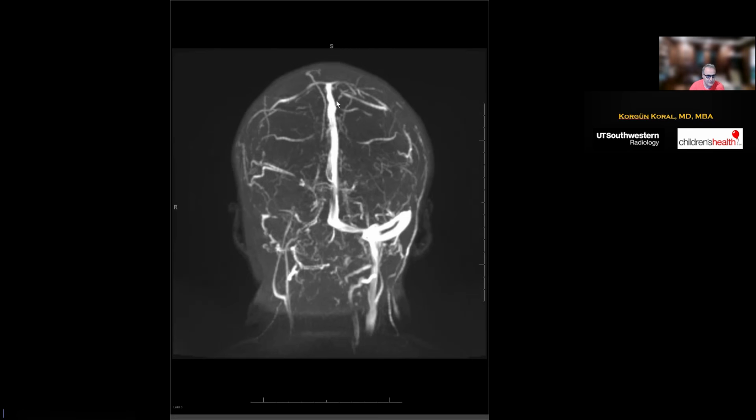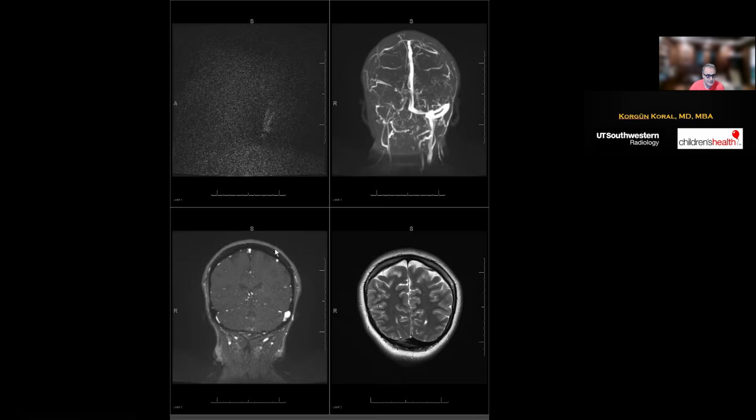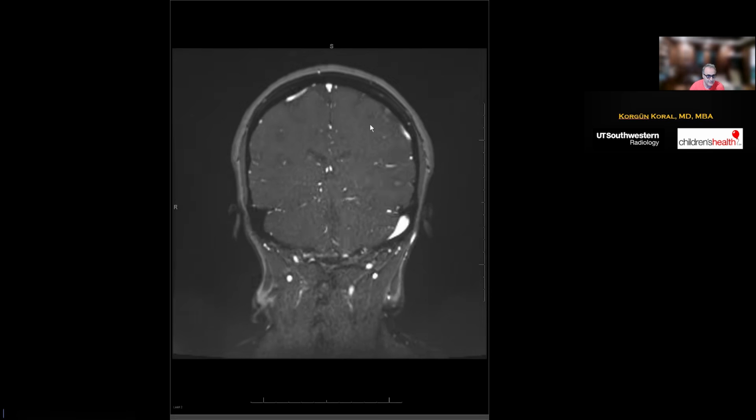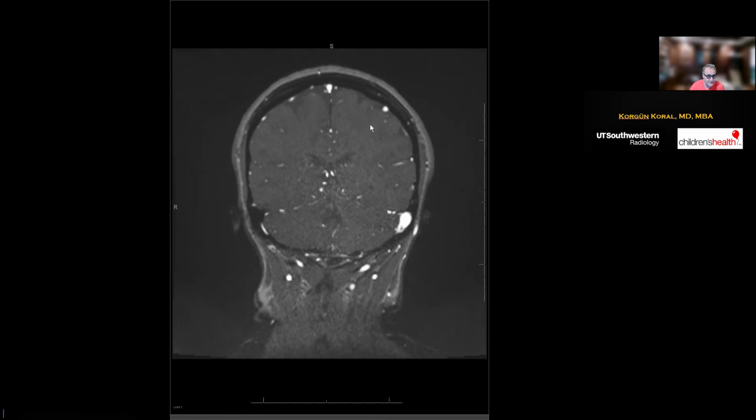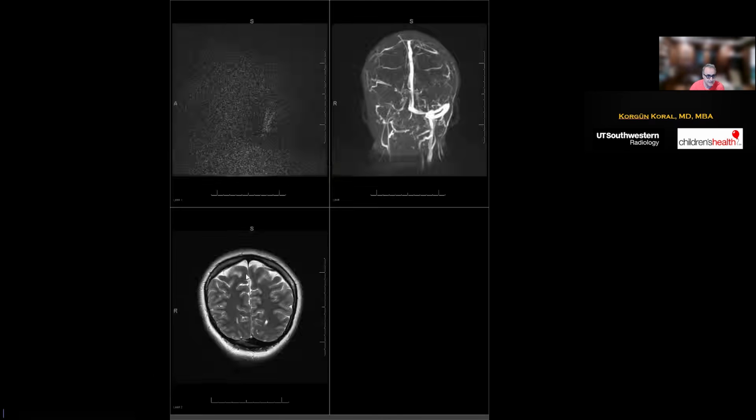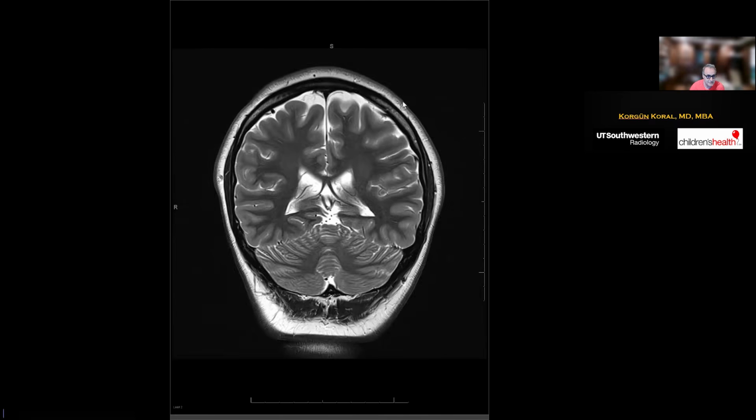Granted, on the time-of-flight MRV, it looks very asymmetrical, the venous sinuses. But if you look at the conventional images, let's look at the coronal T2-weighted images.